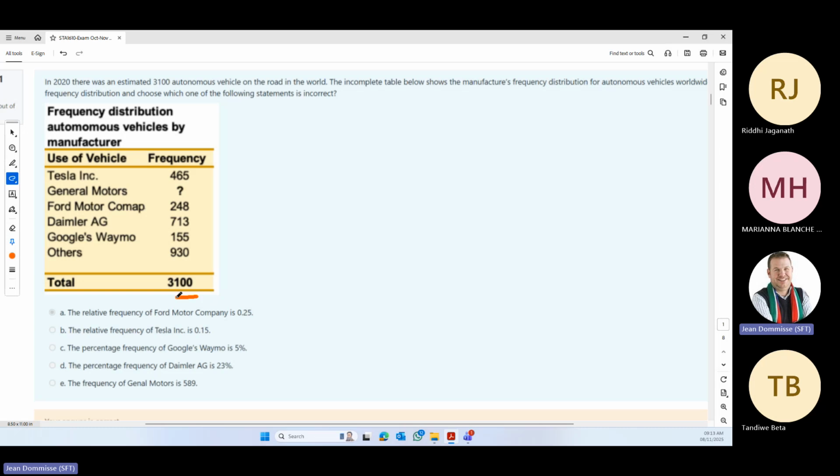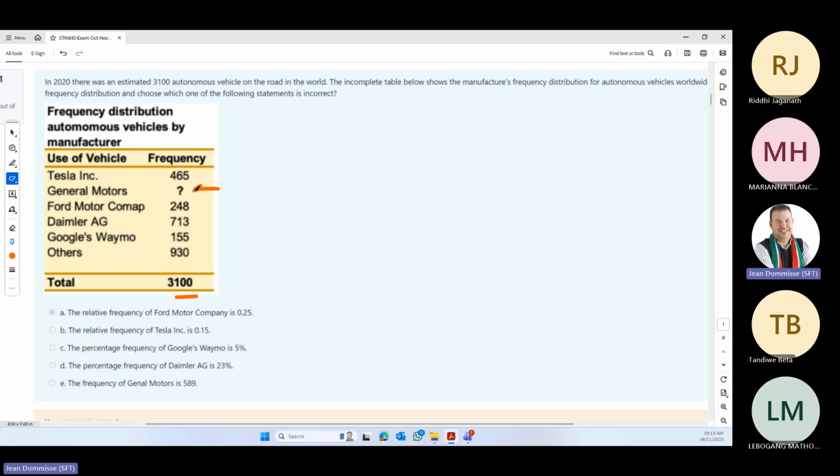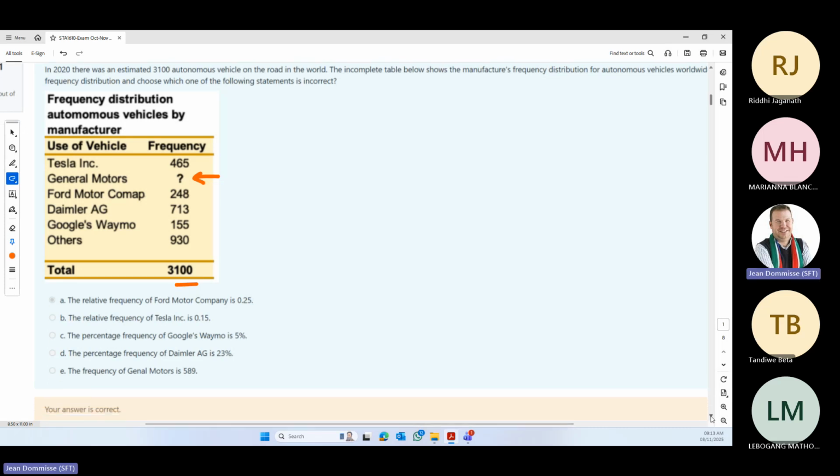So there was an estimated 3,100 autonomous vehicles on the road. The incomplete table below shows the manufacturing frequency. Okay, so there we need to work that out, but let's first go to the numbers and see at what stage we need to work out General Motors.